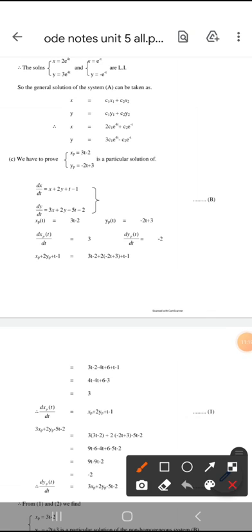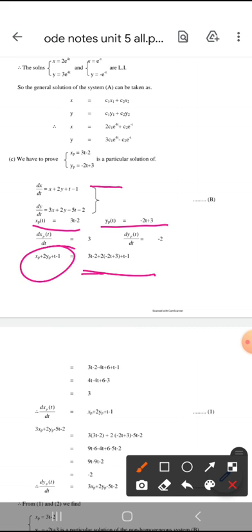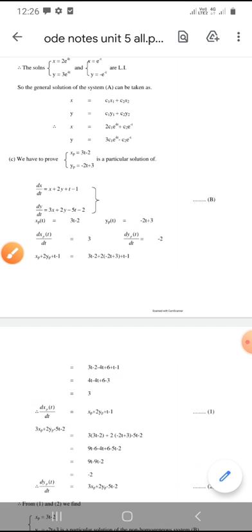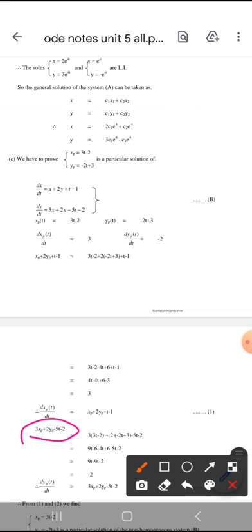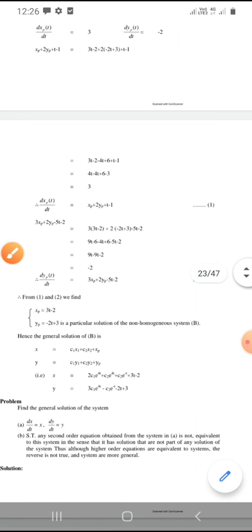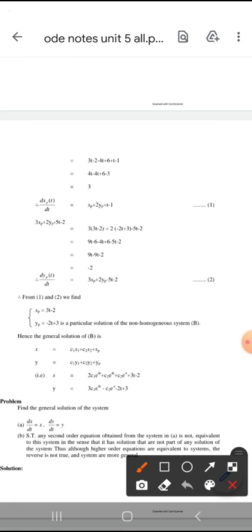Now we take this equation with suffix p and we substitute these two values. By substituting and simplifying, we get 3. Similarly, we do the same in the second equation, and now we get -2.